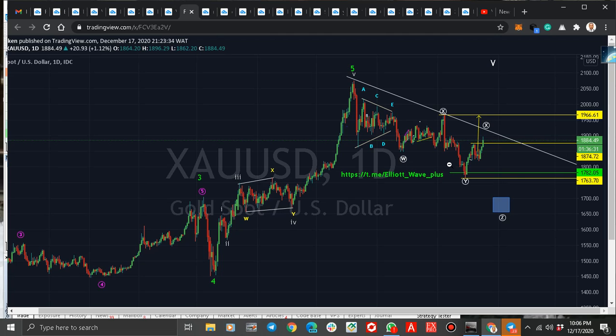Right now, let's keep watching what happens between this trend line and this vertical line, or cross line, I don't know.